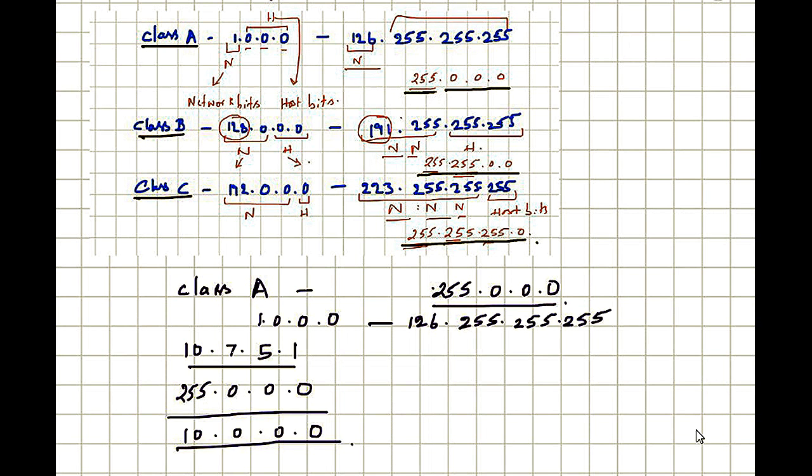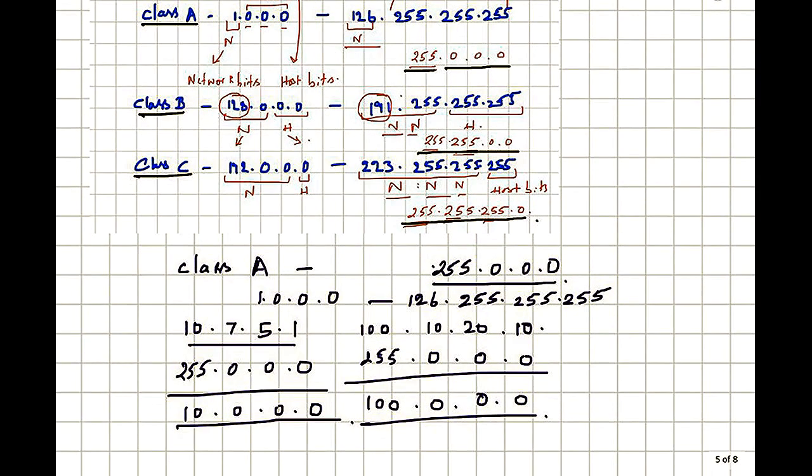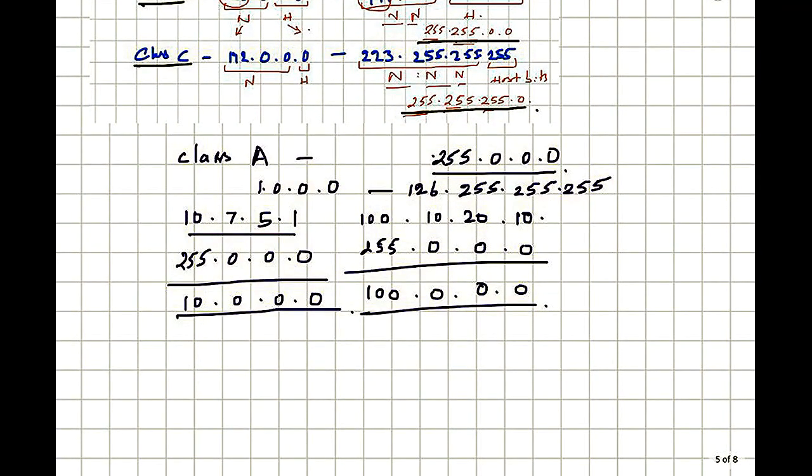So only one network. Whatever IP you take, like 100.10.20.10, again you will only get one network, 100.0.0.0.